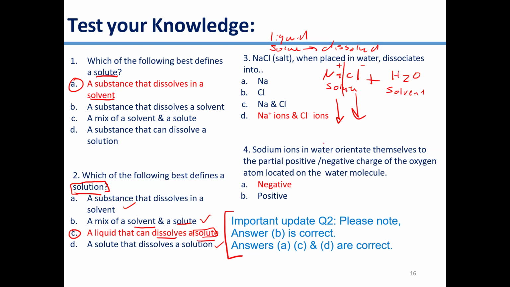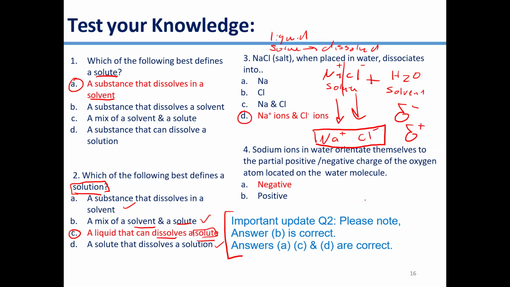We have Cl, which is going to be negative. So then remember, Na is going to want to get with the partial negative of our oxygen. And then our Cl is going to want to get with our partial positive for our hydrogen. So for the answer for this, because they're disassociating, they're going to be separating into their own individual components, Na and Cl. But remember, we have partial charges, so positive, negative. So the answer would be D.